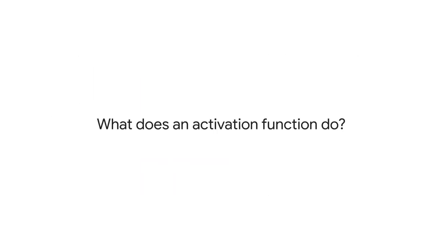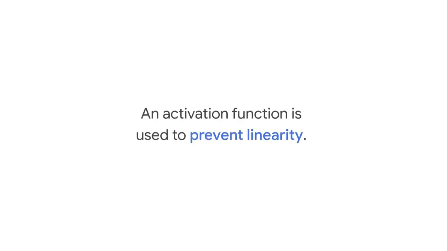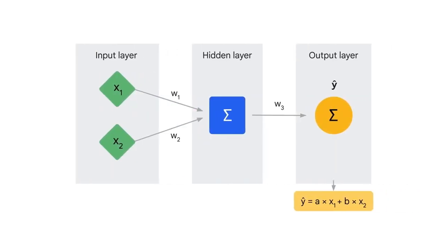Now let's get back to the activation functions. What does an activation function do? Well, an activation function is used to prevent linearity or add nonlinearity. What does that mean? Think about a neural network. Without activation functions, the predicted result y hat will always be a linear function of the input x, regardless of the number of layers between input and output.